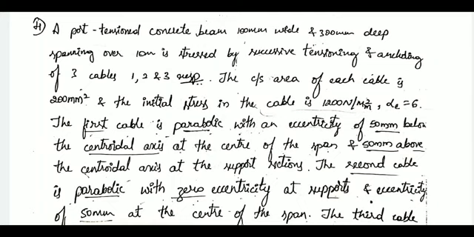The first cable is parabolic with an eccentricity of 50 mm below the centroidal axis at the center of the span and 50 mm above the centroidal axis at the support sections. The second cable is parabolic with 0 eccentricity at the supports and eccentricity of 50 mm at the center of the span.